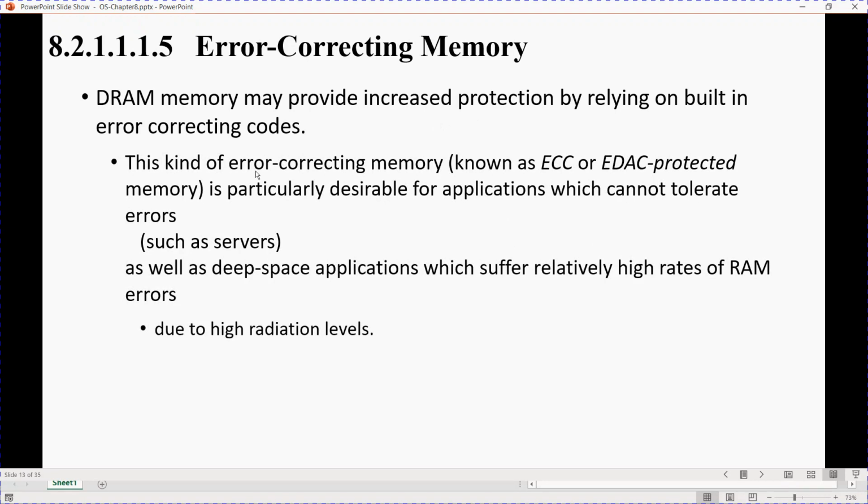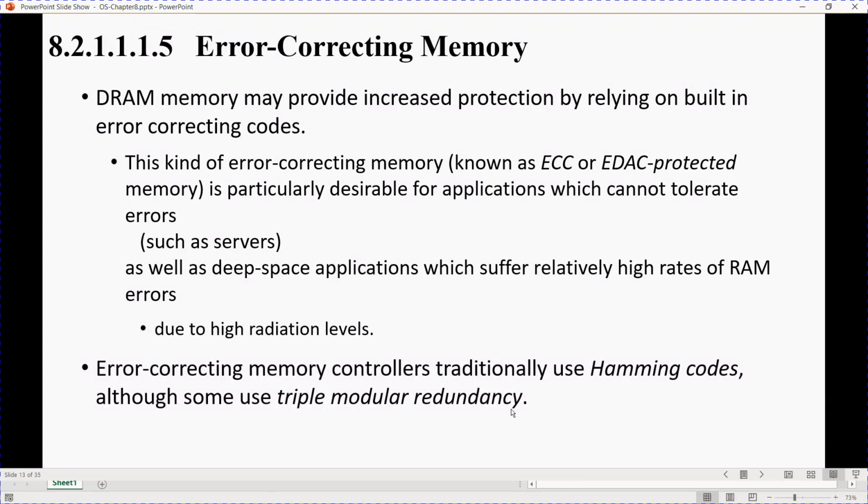This kind of error-correcting memory, EDAC protected or ECC, is especially desirable for applications that cannot tolerate errors, as well as applications where there are high rates of RAM errors, as in deep space applications where there are high radiation levels.